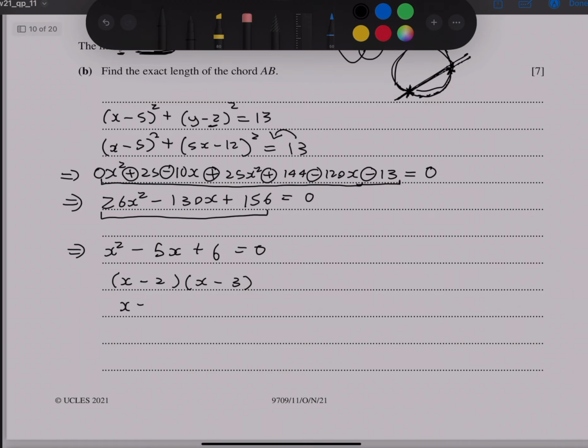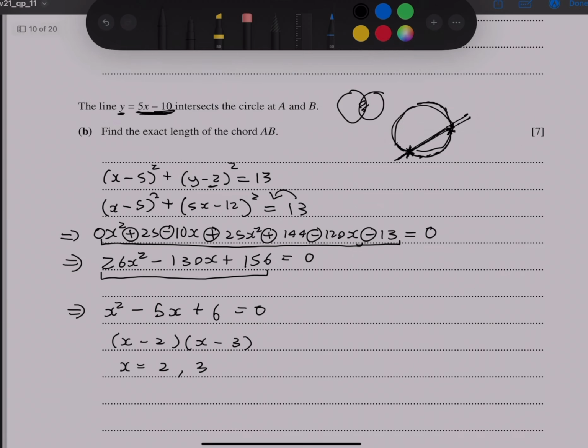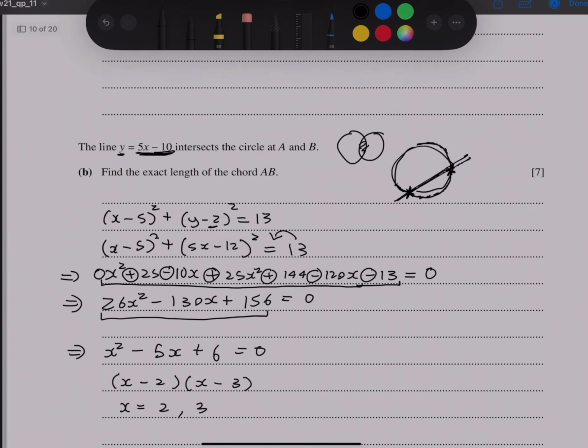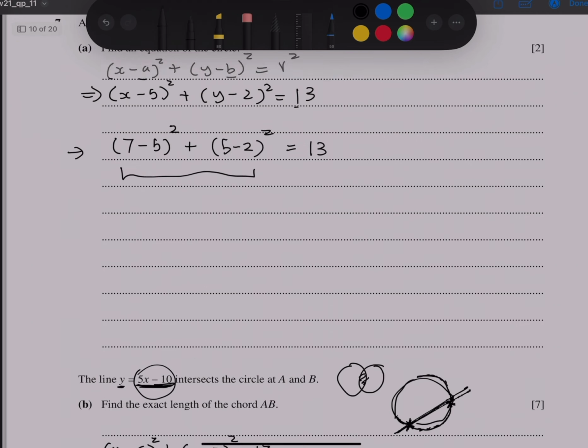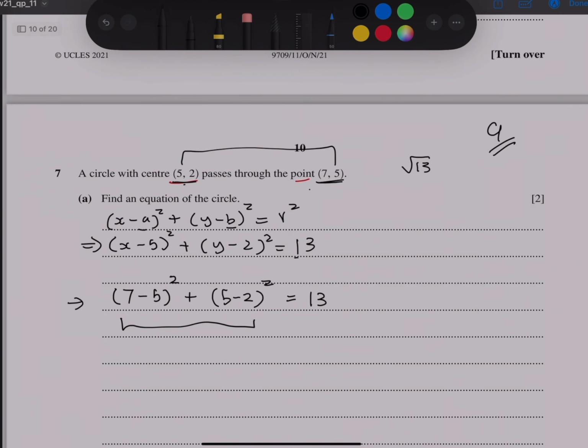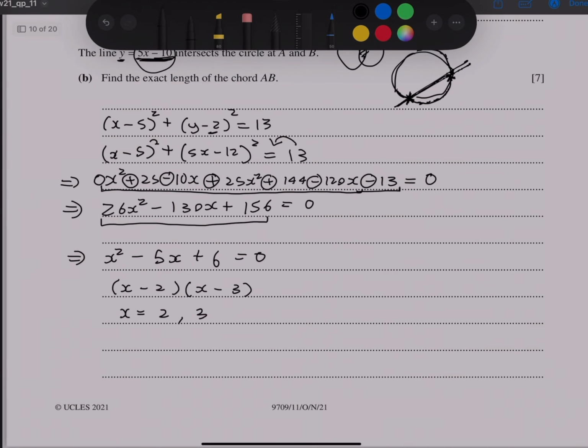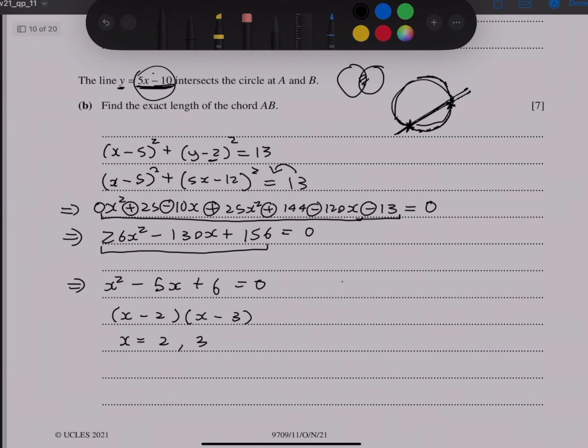Now we can say x equals 2, 3. Now let's find the corresponding y coordinate for each x, plugging into any equation. It would obviously be better to plug it into the line equation. So we can say 5 into 2 minus 10, which is 0. So that's one y value.